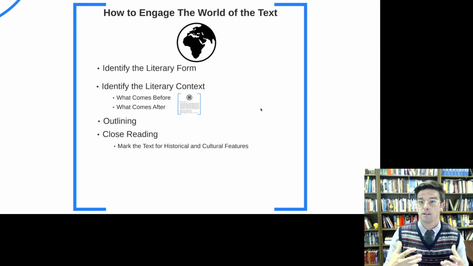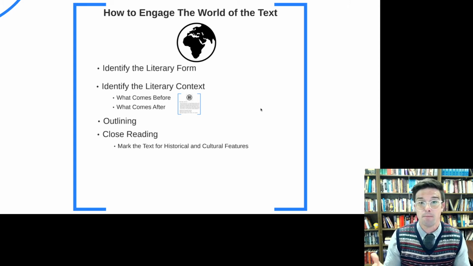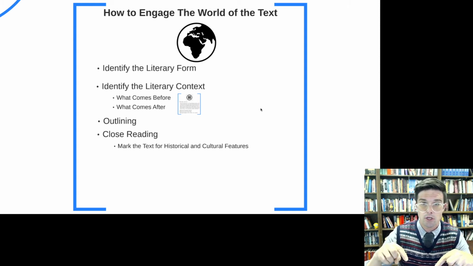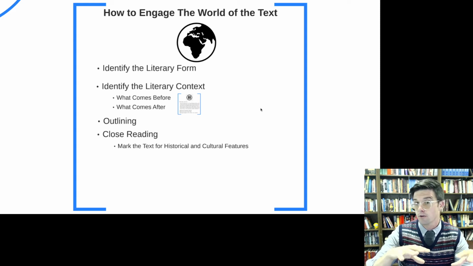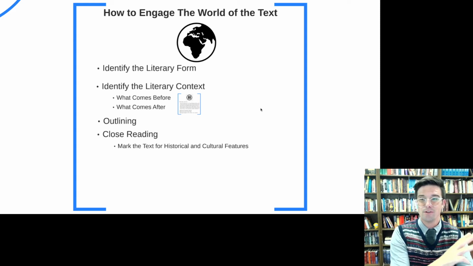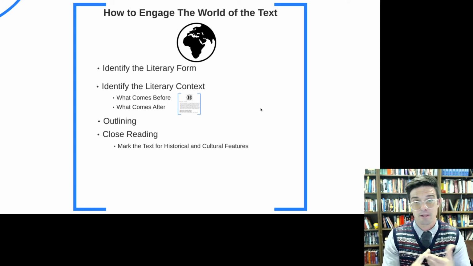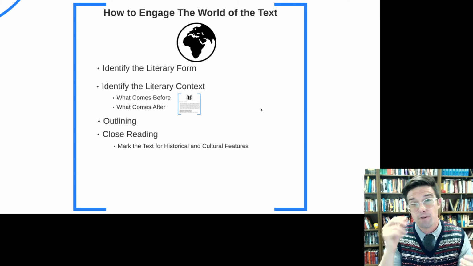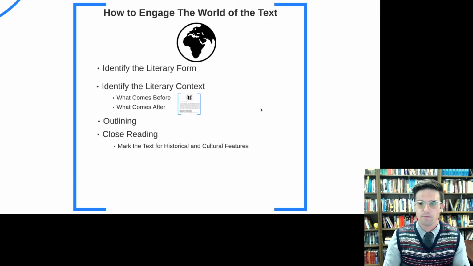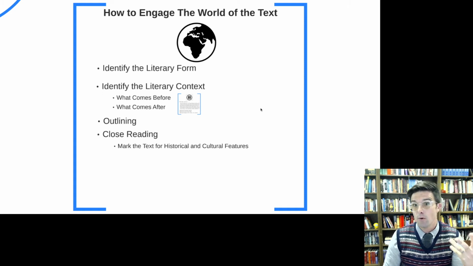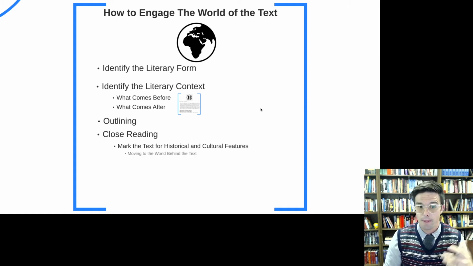You might notice them because they're unfamiliar to you and you think, if I knew more about this concept or this term culturally and historically, I'd be able to make better sense of this passage. And then you can go to the other tools that we're going to talk more about, things like commentaries and Bible dictionaries that are going to give you more information about those historical and cultural features, so that you're really marking these in order to get more information about them.